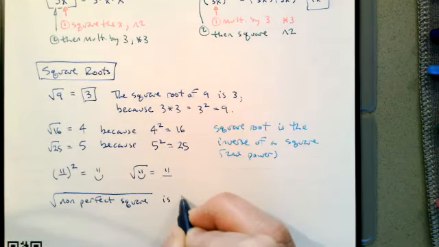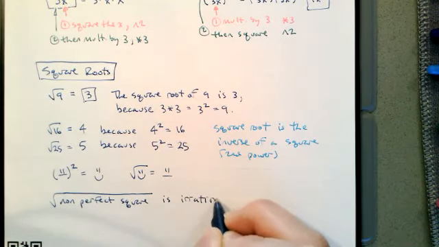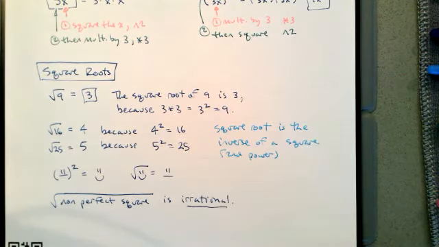Irrational means we can't write it as a fraction. Rational just means we can write it as a fraction. So the square root of a non-perfect square, like the square root of 10, is an irrational number. Square root of 11, 12, 13, 14, 15, all those square roots are irrational because we're taking the square root of a non-perfect square.